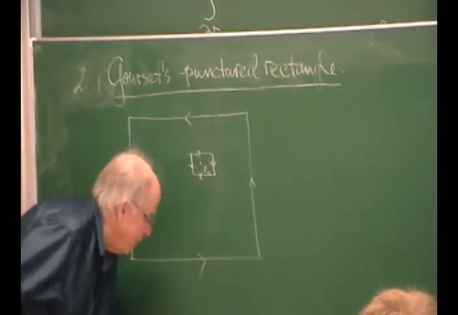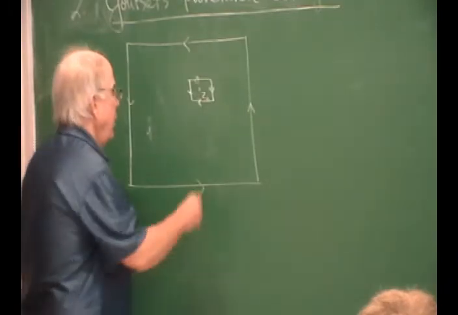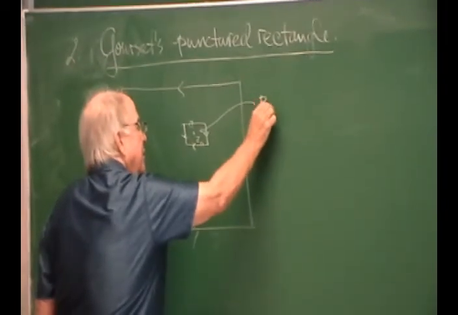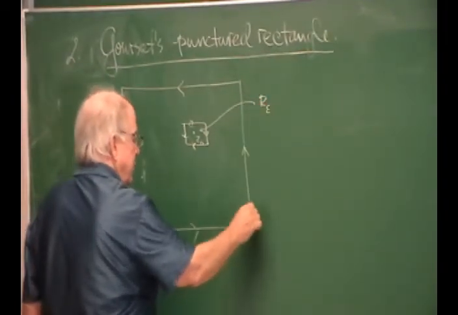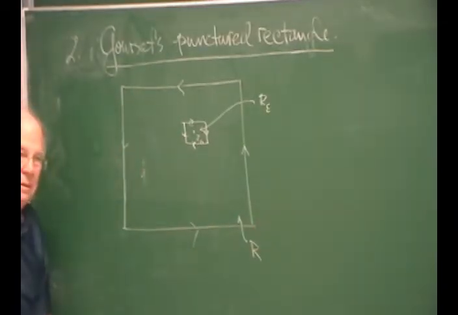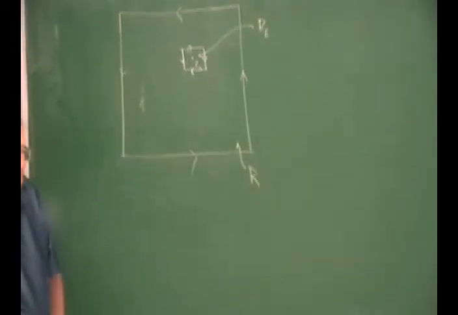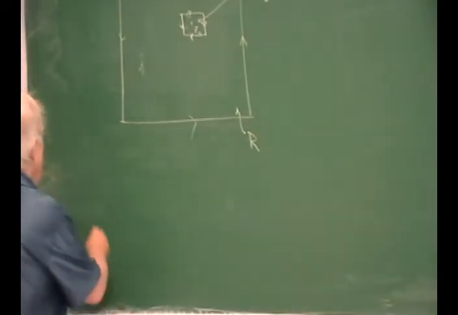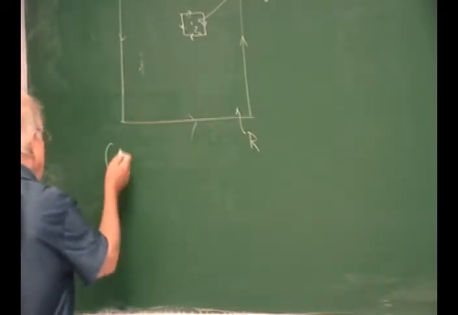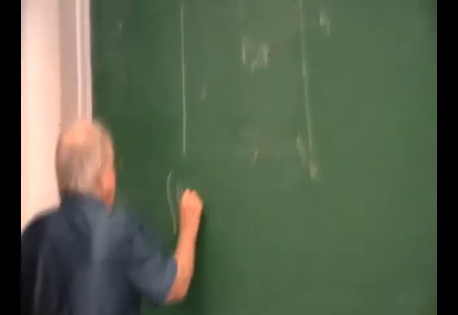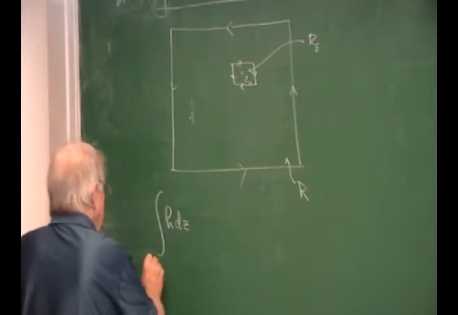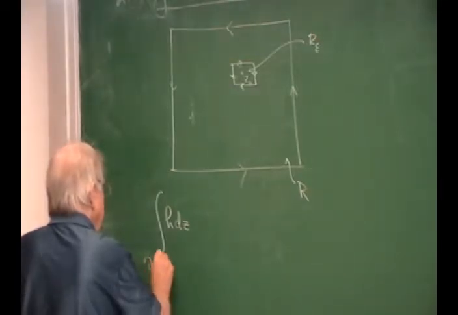So let's emphasize that this is small. So let's call this thing inside here R epsilon, and let's call this big thing here R. So the integral, same notation, of the holomorphic function around the boundary of R minus R epsilon.